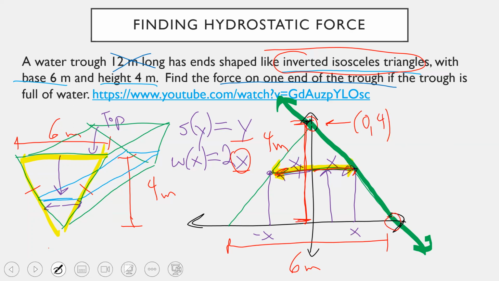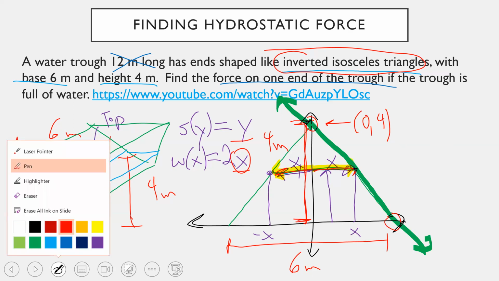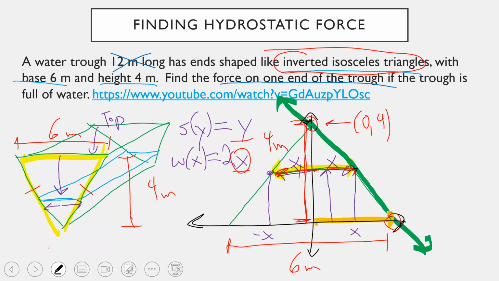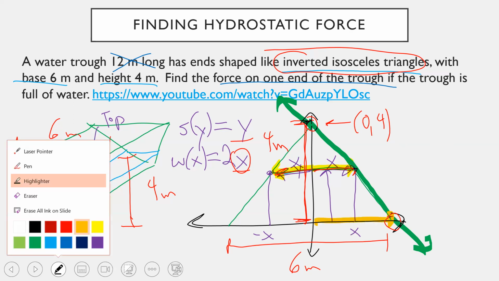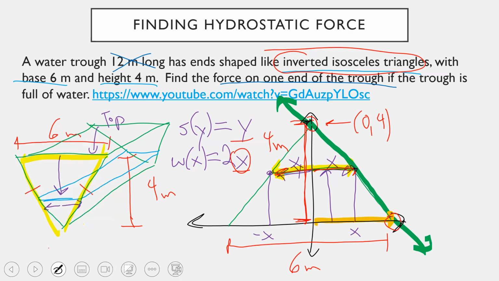This point here, well, we know that the entire distance across the top of the trough, or the base of the triangle, is 6 meters, which means half of it, this distance right here, would be 3 meters, which tells us that this point right here is going to be the point not (0, 3), but (3, 0).